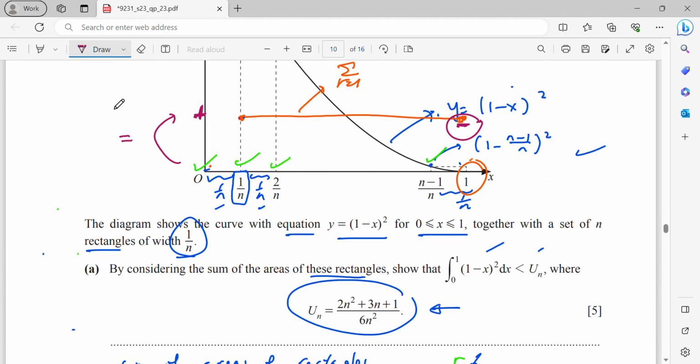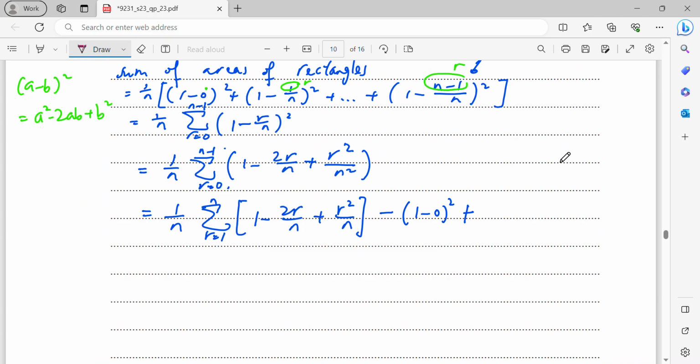So I should plus the term when r is 0 and minus the term when r is n. So here should be plus, and then this is minus the last term.